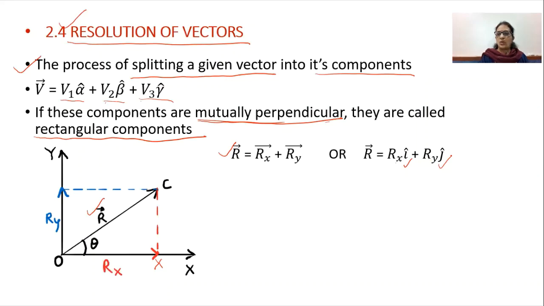So R bar, दोन्ही पद्धतीने तुम्ही युनिट वेक्टर च्या रूपात किंवा Rx बार प्लस Ry बार अशा पद्धतीने रिझोल्यूशन चे वेक्टर्स दाखवू शकता. So what is the value of Rx? आतापर्यंत आपण बऱ्याच वेळा बघितला आता. If this is R, then what is Rx? Rx is R cos theta. Simple way to remember is if that side is adjacent side, then this is cos component.